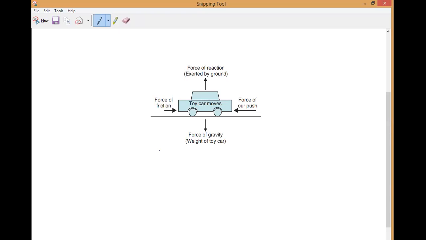Unbalanced. Okay, so please write the definition of unbalanced forces.